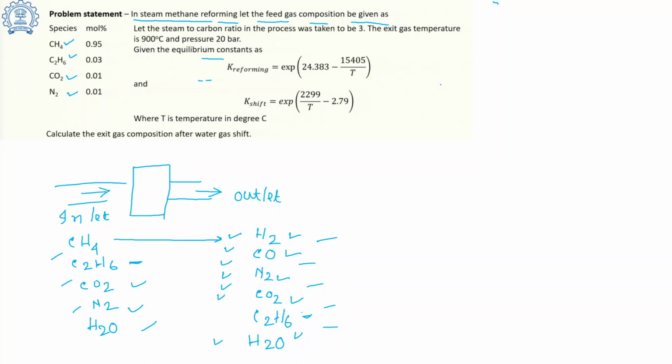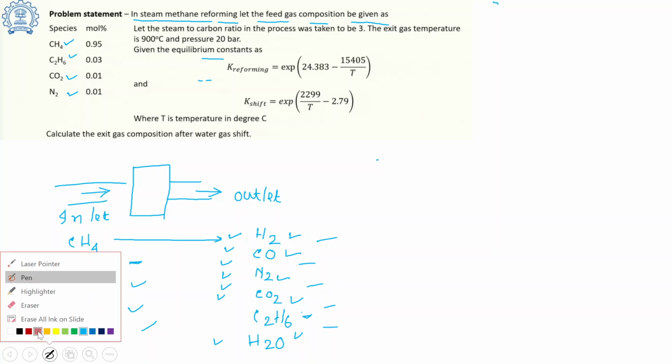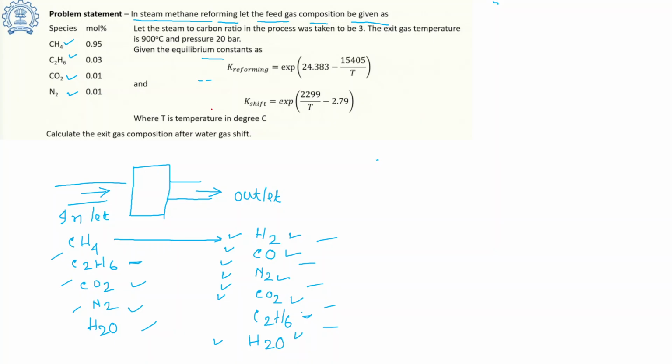Just make one table, in such a way that I am writing in different colors. This is the approach I am telling about.